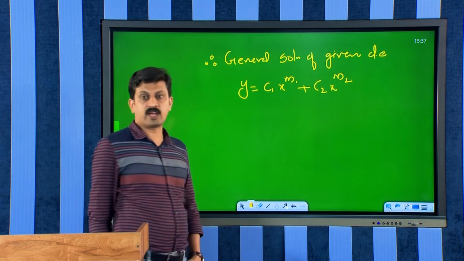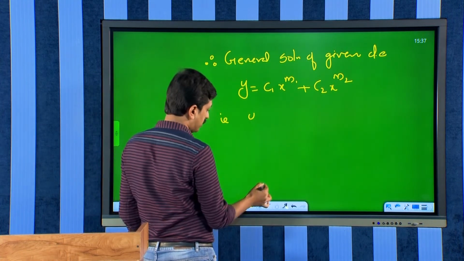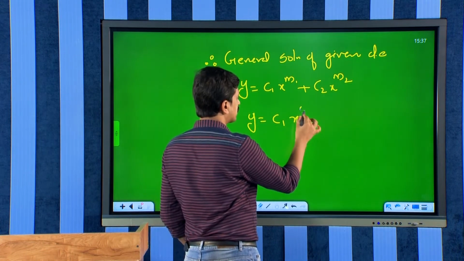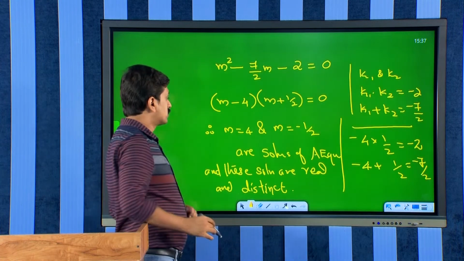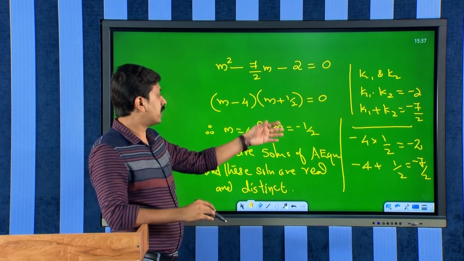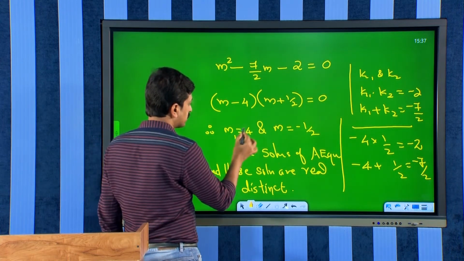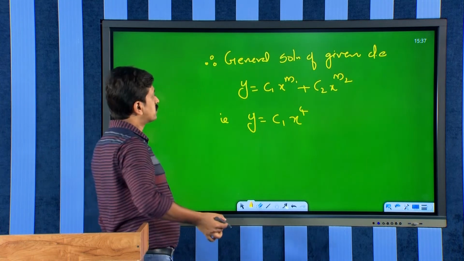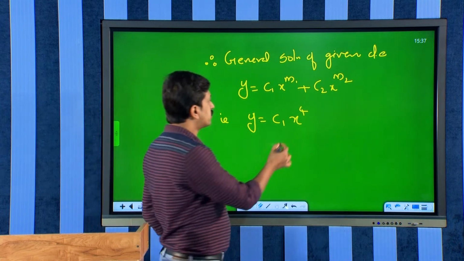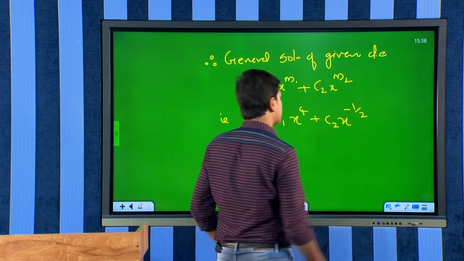Here m1 is equal to 4 and m2 is equal to minus 1 by 2. So this is equal to y equals c1 x raised to 4 plus c2 x raised to minus 1 by 2.